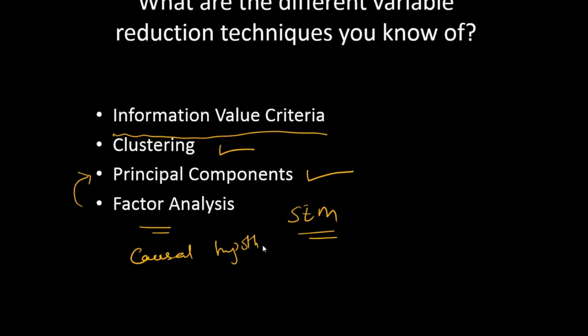Otherwise, it's not very useful. You can always go ahead with principal component. And factor analysis is also used for reduction of variables. You come up with a very smaller set of factors and finally build a model.